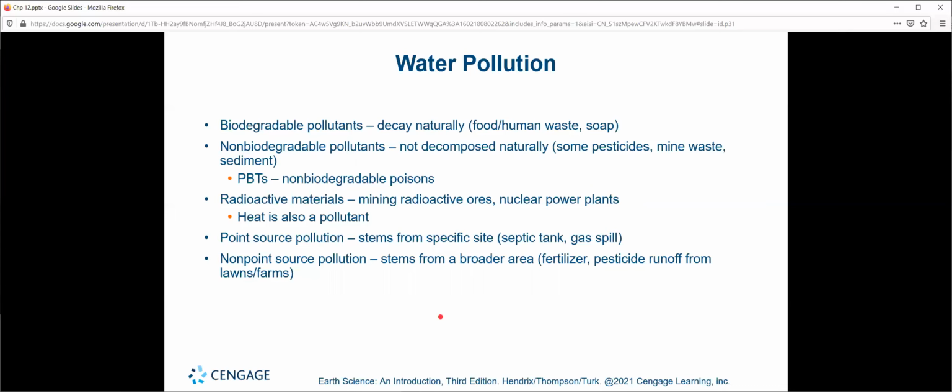Biodegradable pollutants are an issue, but a bigger issue would be non-biodegradable pollutants. These are things that do not decay naturally, such as pesticides, mine waste, sediment, PBTs, what have you. These guys can cause an issue. If you live in the Copper Country, like I'm sure some of you do, that go to Finlandia, you will know that we have mine waste throughout the area.